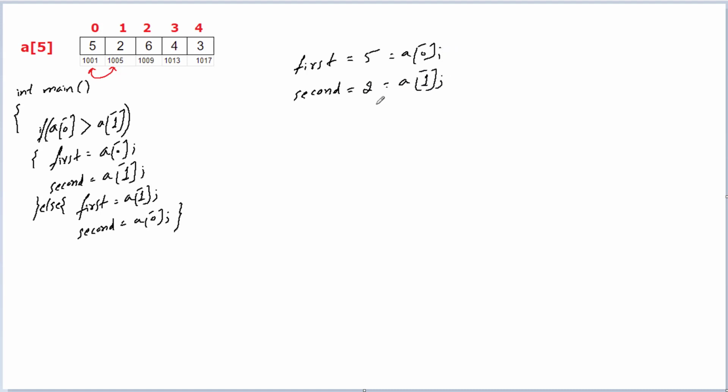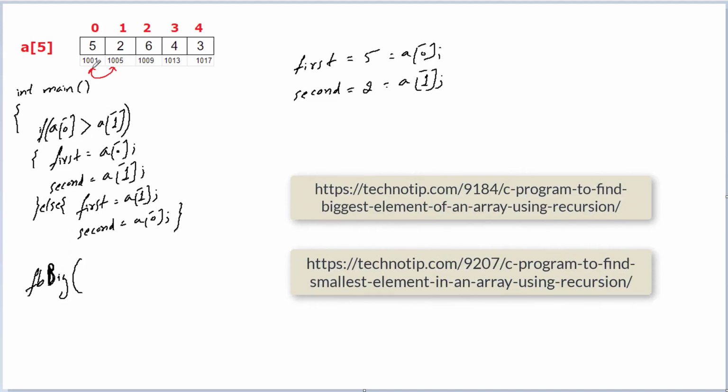Now that we have initial values for first and second, let's call a function which we have to define. I'll call it fs big, first and second big. If you have been following our video tutorials to find biggest and smallest elements in the array, we were passing the base address as first argument.